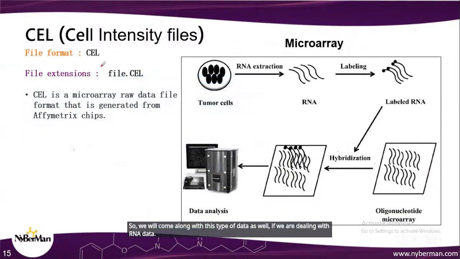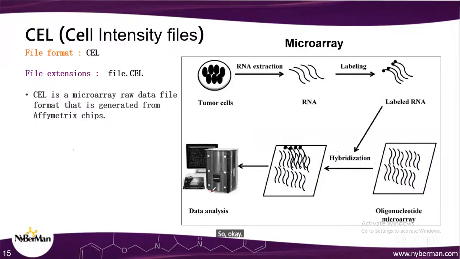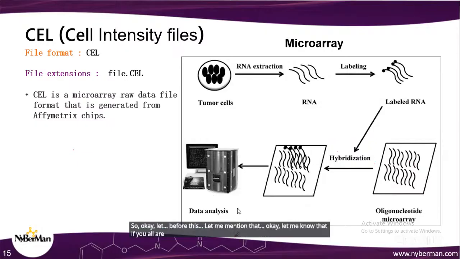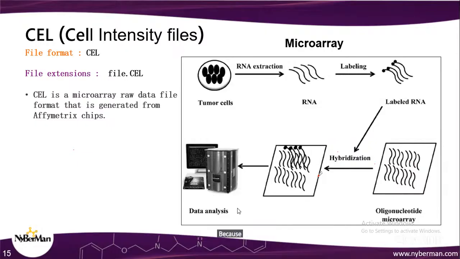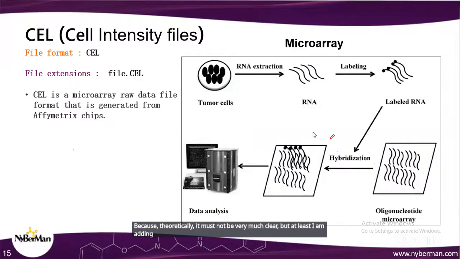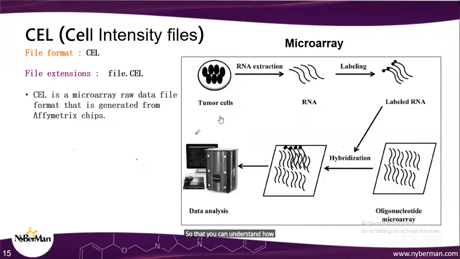Next type of file format is the CEL file format. Okay, before this, let me know if you all are following these file formats, because theoretically it may not be very clear, but at least I am adding the format of the files so that you can understand how exactly they look whenever you open your file.